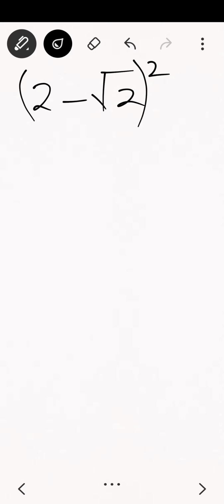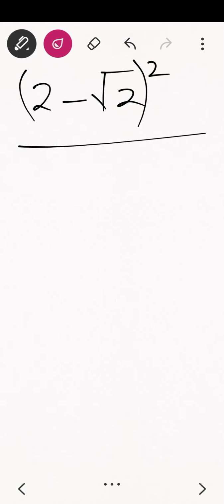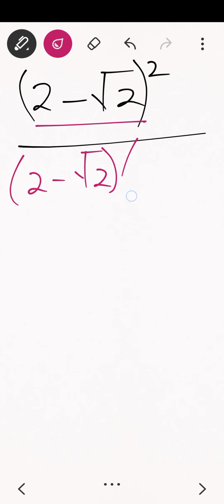But what this means in simple terms is that 2 minus root 2 is multiplying itself 2 times. So we write 2 minus root 2, and that is multiplying 2 minus root 2. So it's multiplying itself 2 times.